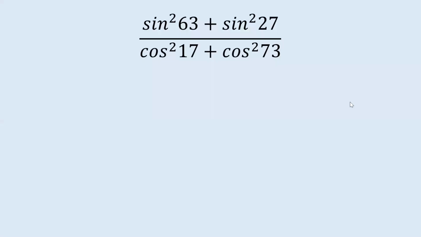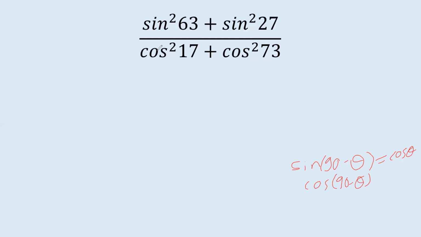Here I am observing sine square 63 plus sine square 27 upon cos square 17 plus cos square 73. Previous to this we have seen one more thing, sine of 90 minus theta is equal to cos theta, and cos of 90 minus theta is equal to sine theta.